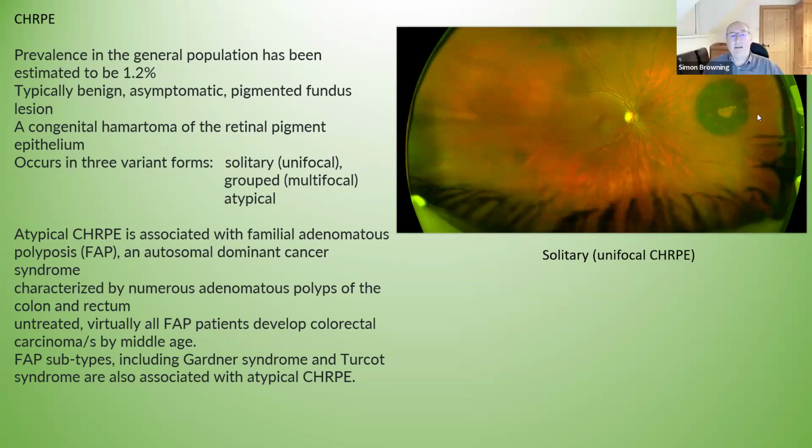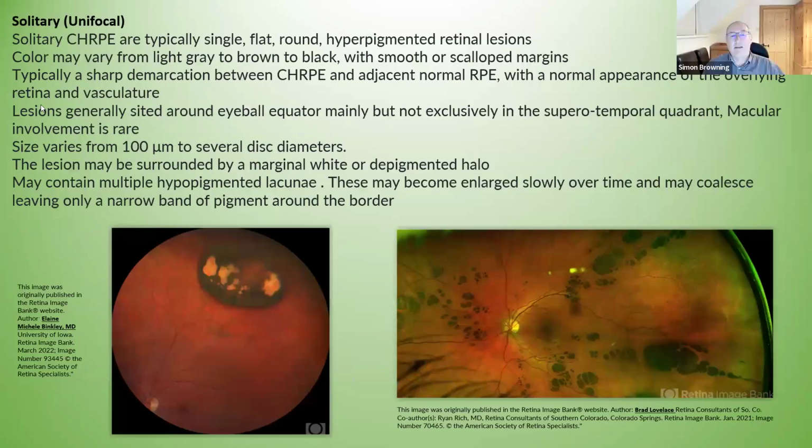I just want to look at this in a little bit of detail here because although a CHRPE is asymptomatic, you will see quite a few of these, and you'll have the solitary, the unifocals, and you will have the multiple lesions as well. And they can vary in size.